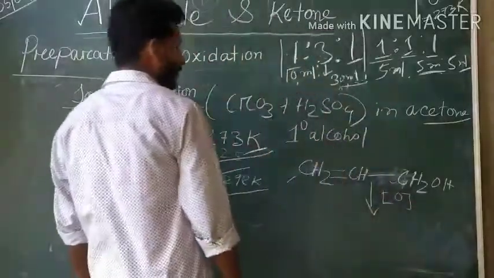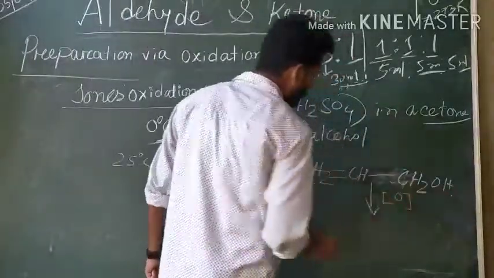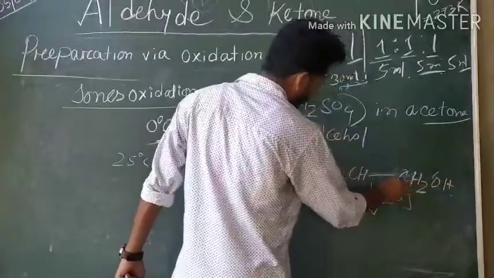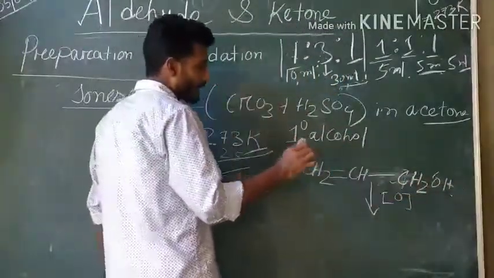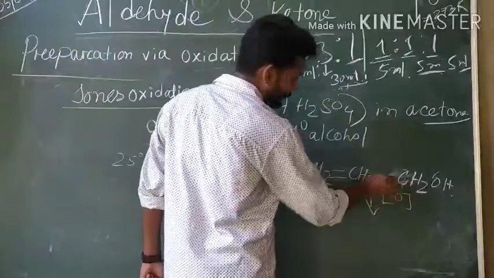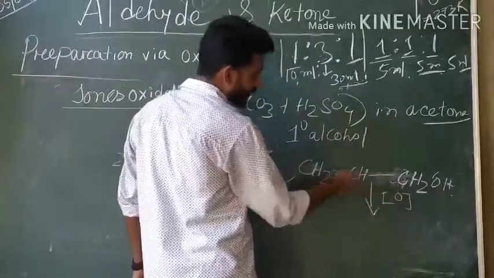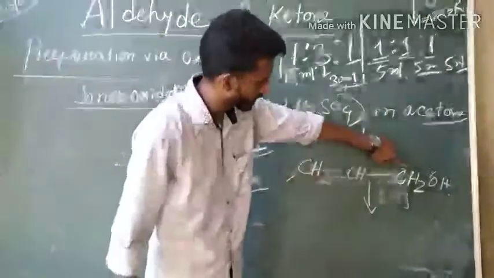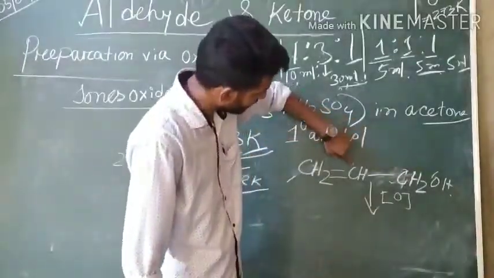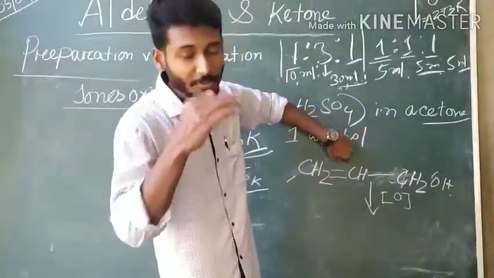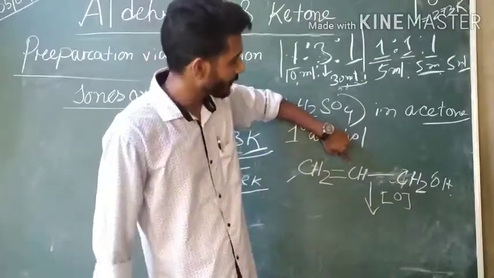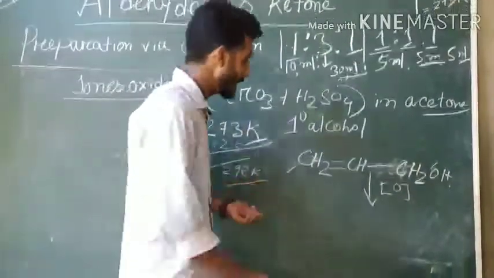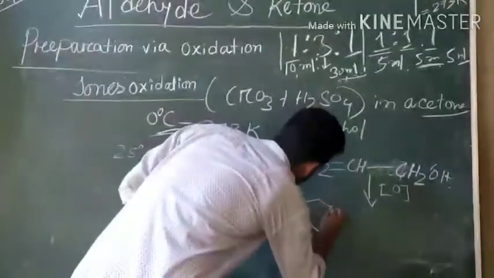Why is this allylic alcohol? If you see, this carbon is not directly attached to this double bond. Okay, it will be one carbon atom away from the double bond. That's why it is called allylic. This allylic alcohol and benzylic alcohol.